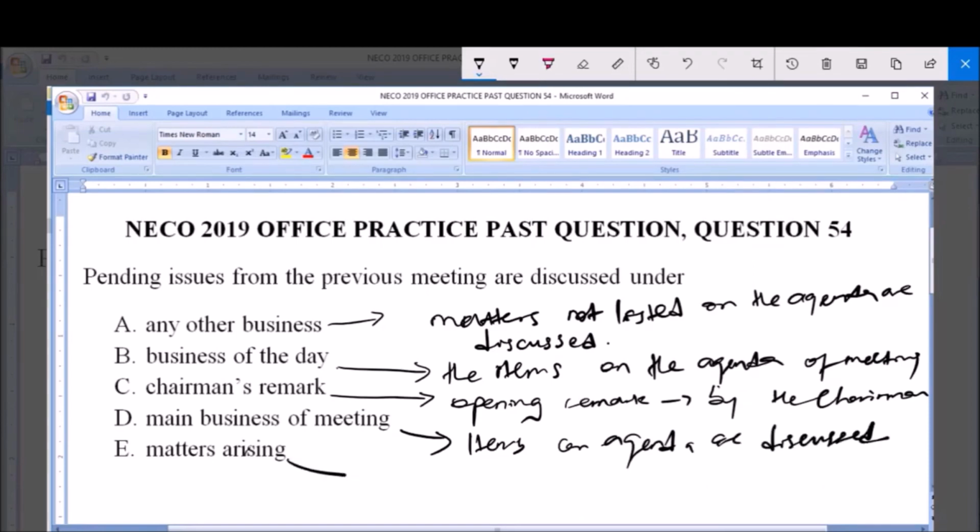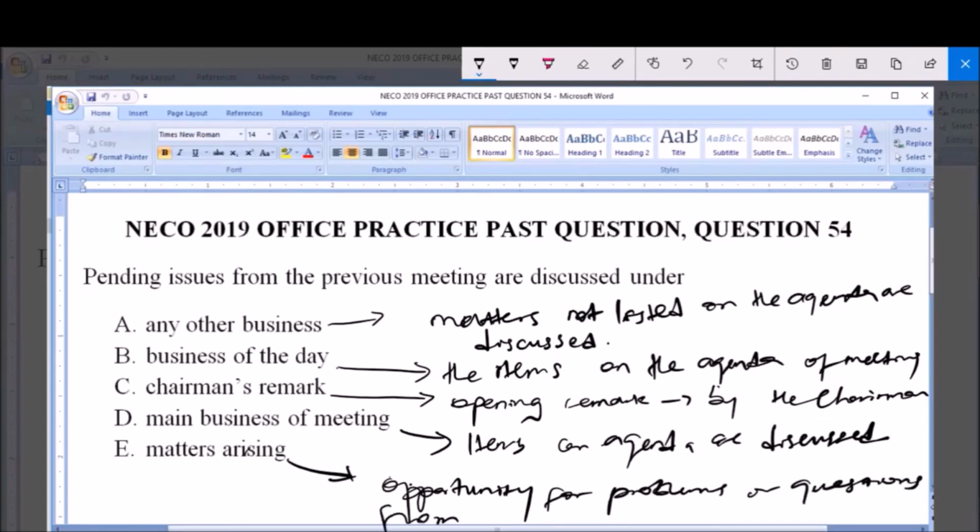Now, E says matters arising. Matters arising is a section whereby there is opportunity for problems or questions from the previous meeting. These problems and questions are usually stated in the minutes of the previous meeting, because in every meeting, the minutes of the previous meeting have to be read by the secretary.